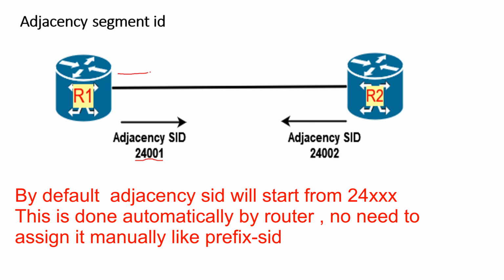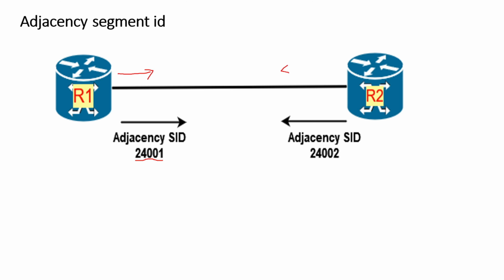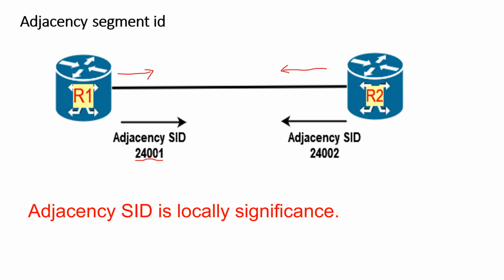R1 will assign its own adjacency-sid towards R2, and R2 will assign its own adjacency-sid towards R1, and this is of local significance.